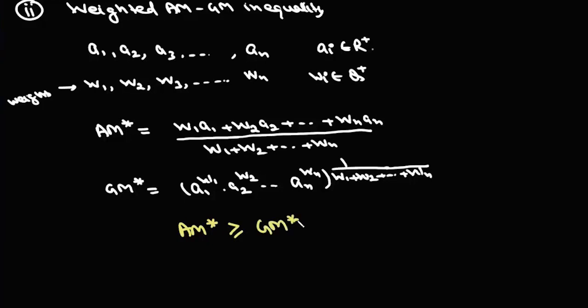So weighted AM is always greater than or equal to weighted GM for n positive real numbers having positive rational weights. And again here we'll have equality: AM star will be equal to GM star if and only if A1 equals A2 equals up to AN.